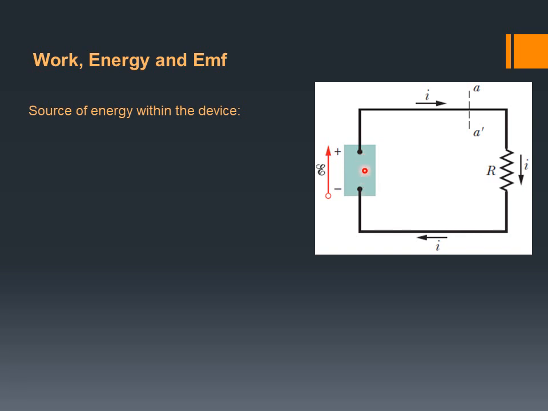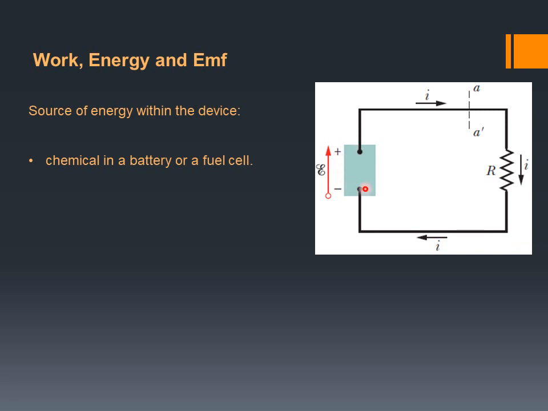As a result of the work done on the electrons, they gain energy, and because of that energy, they start moving from the positive terminal to the negative terminal all the way in the circuit. The number of charges crossing a cross section of the wire, for example A dash, is the same number of charges that will be passing through the resistor and through the whole wire, and they will be reaching here.